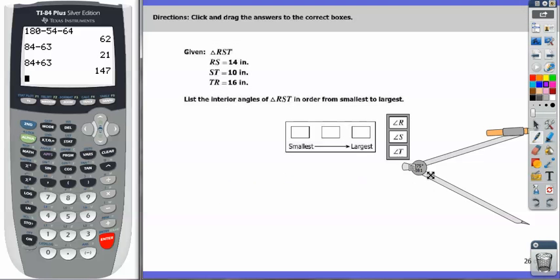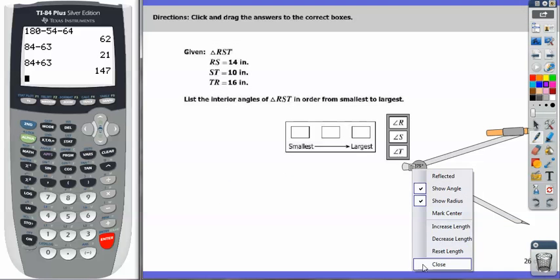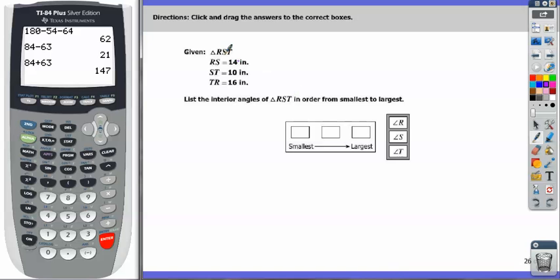So here, I'm going to get rid of my compass just because I don't think I need it. Now, this gives me some measurements, and it wants me to put the angles in order. So I'm going to put them in order from smallest to largest. So if I look over here, 10, 14, and 16. And where is 10? It's at ST. Where is 14?